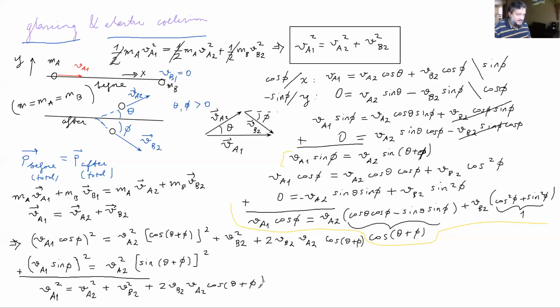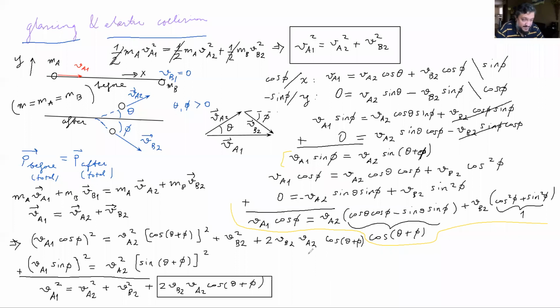Okay, so what we got here has an extra term. The extra term is this guy here. If you compare this equation with the energy equation from the beginning, this is extra. So we got to get rid of it, okay? We don't want it. That term has to be 0.